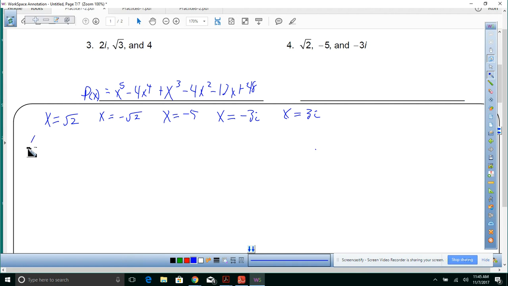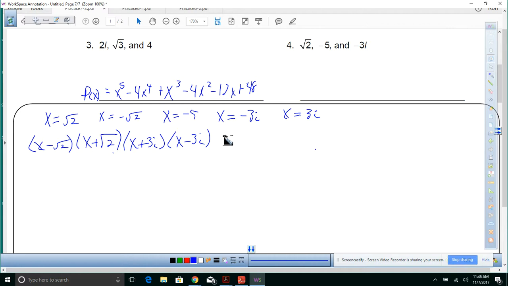So that's going to give you x minus the square root of 2 times x plus the square root of 2. And then I'm going to do these two here. So I got x plus 3i, and then x minus 3i, and then x plus 5. Put that one last. All right.